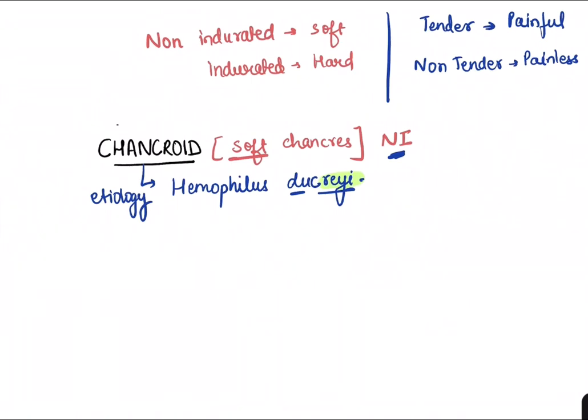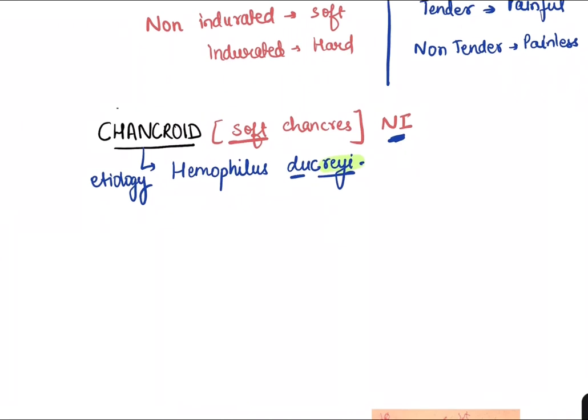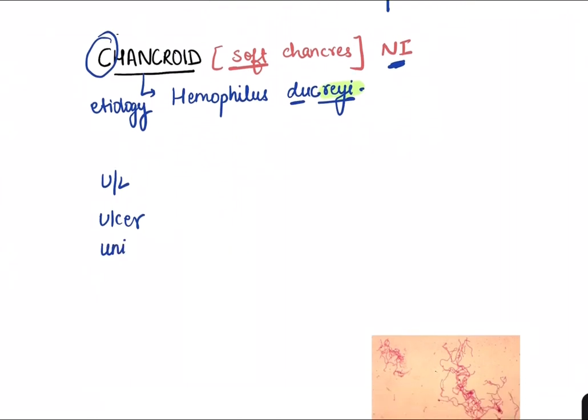Now how do they look? What are the characteristics and appearance of chancroids? They are unilateral. For chancroid, remember U: they are unilateral, they form ulcers, and they are unilocular, meaning they have a single base.